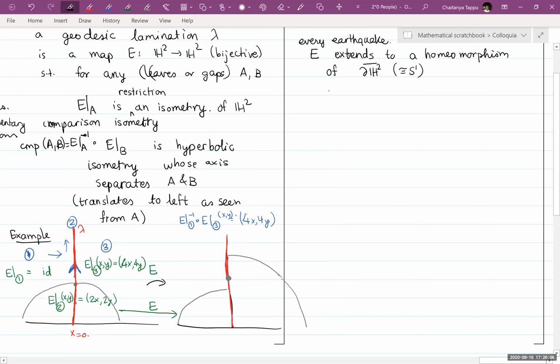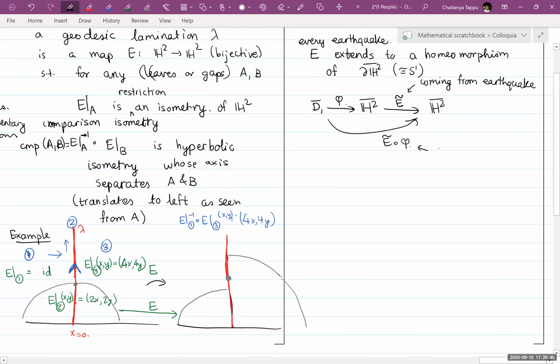So if I had the disk closure mapping to the hyperbolic plane under phi, and I chose E tilde, which is the stuff at the boundary coming from the earthquake, then the composition would give E tilde composed with phi.